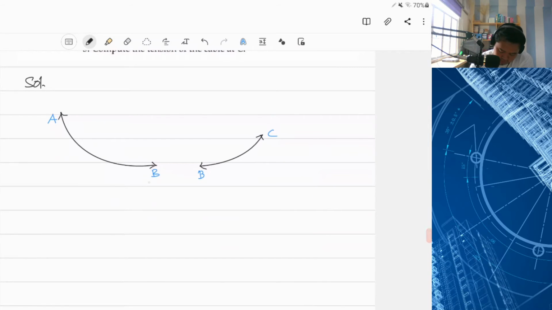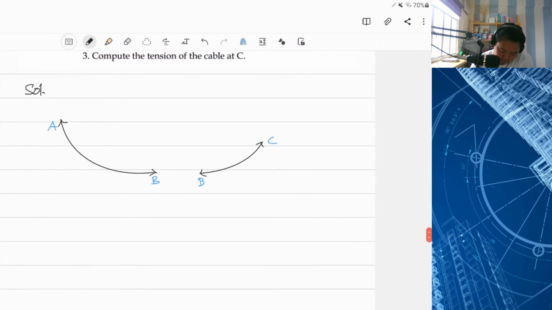This is point A and point B. So I just divide at the lowest point into two segments. Remember our formula: P equals the square root of W squared plus H squared, and H is equal to small w L squared over 8D.